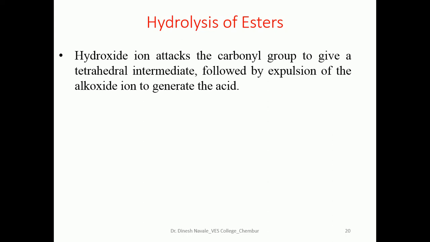In the case of ester hydrolysis, our starting material is the ester and our nucleophile is OH minus, the hydroxide ion. When OH minus attacks the carbonyl carbon of the ester, it gives the tetrahedral intermediate, which facilitates the removal of the less stable alkoxide ion as the leaving group.